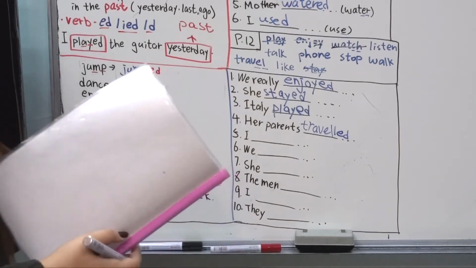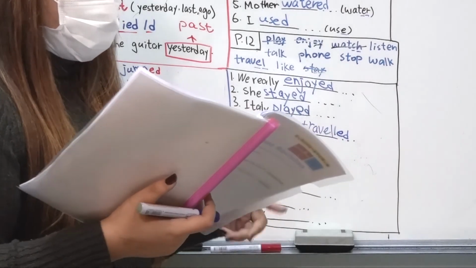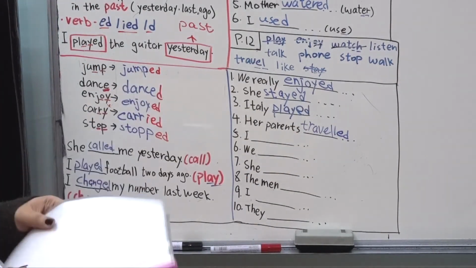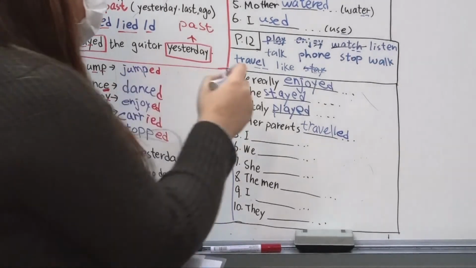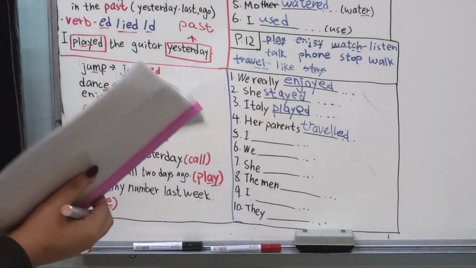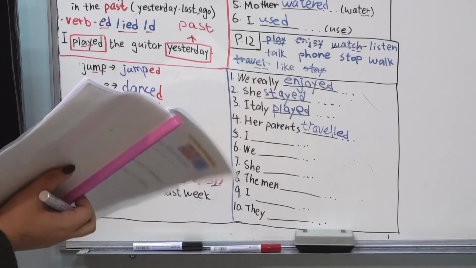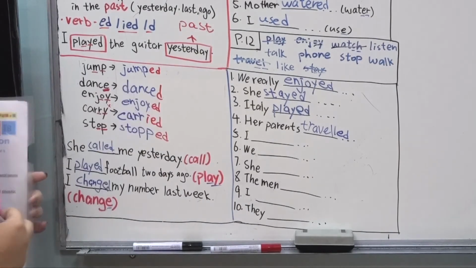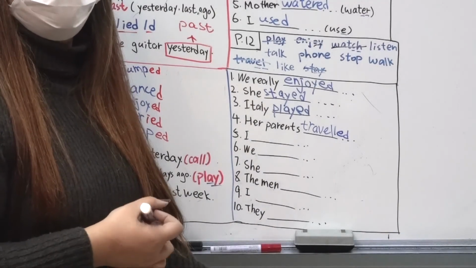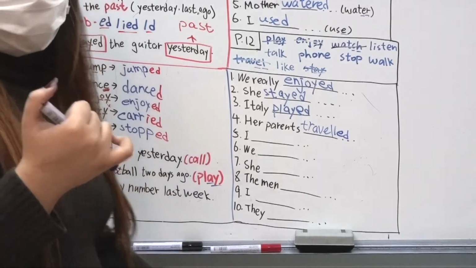Number 5. I what you 4 times last night but you were out. So we have used, I what you 4 times last night but you were out. When you can't find somebody, right? When you can't find your friend, you probably call her, right?